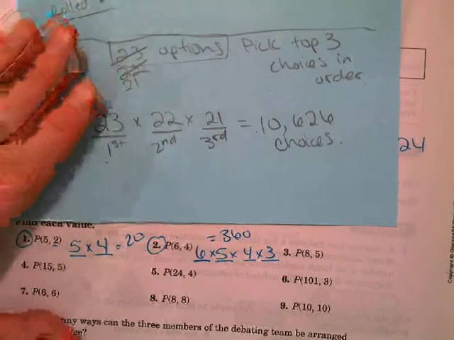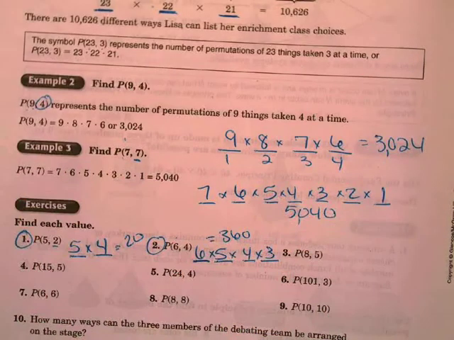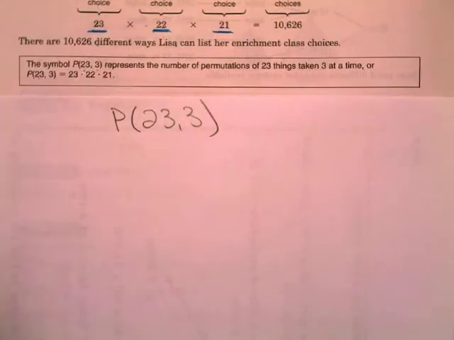Okay? Let's look at the next part. Permutations can be symbolically represented. The symbol is with the P, 23-3. That's how the permutation that we just worked would be represented.